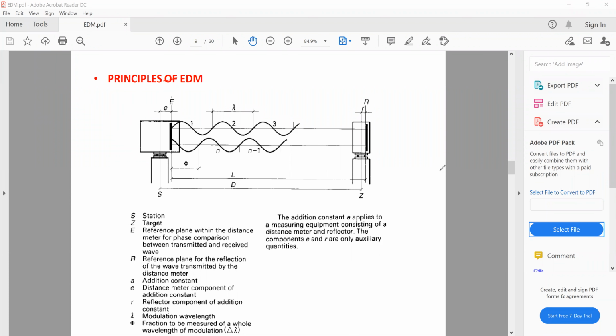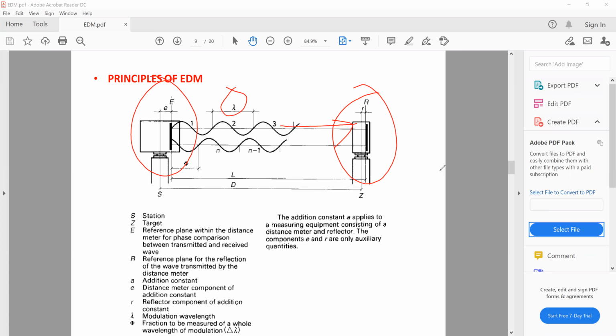So the important thing is that there should be a transmitter, the EDM instrument. Over here, a reflector, which can or cannot be there. You can work without it as well. So what happens is that you transmit that electromagnetic wave, and it has a specific wavelength. It travels, strikes onto that reflecting surface, and then it travels back.